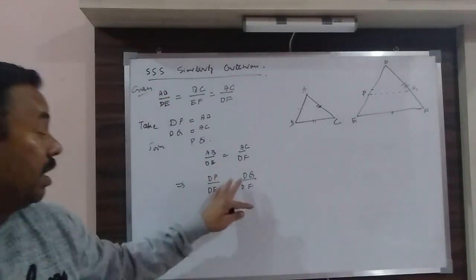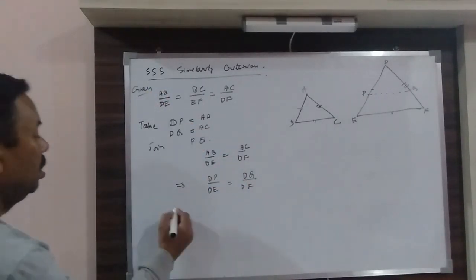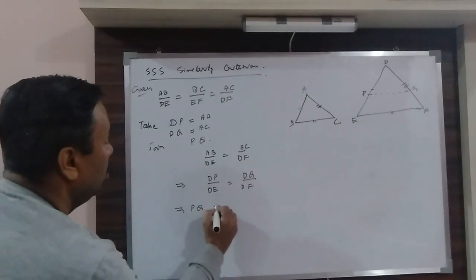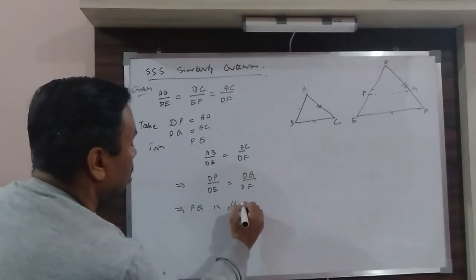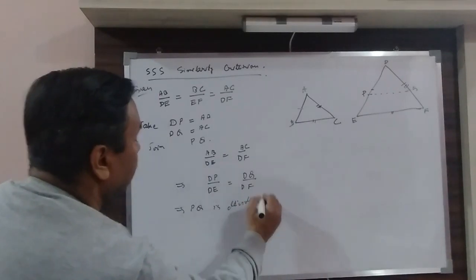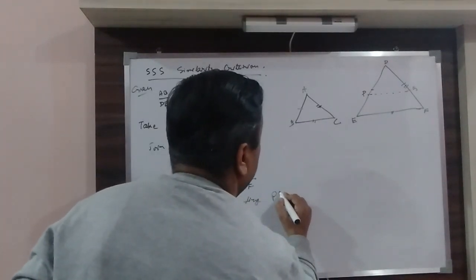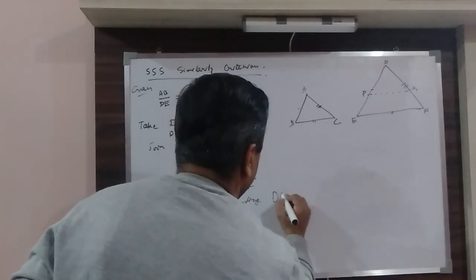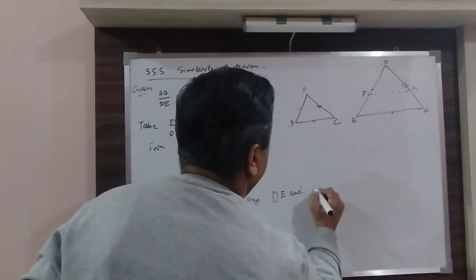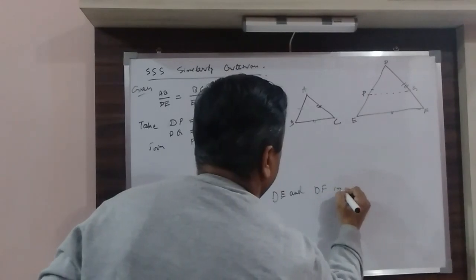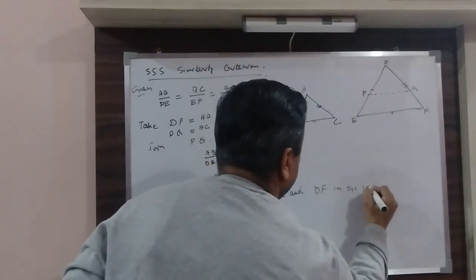So if this is so, that means PQ is dividing DE and DF in the same ratio.